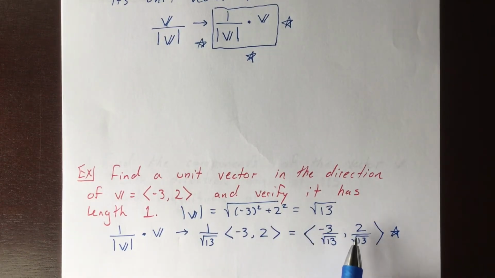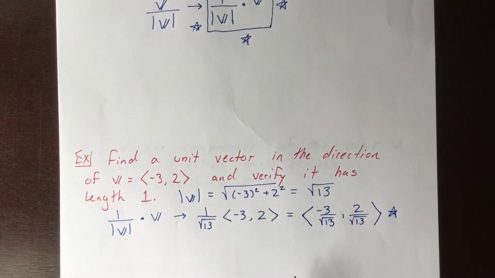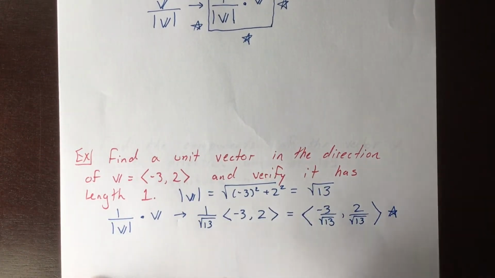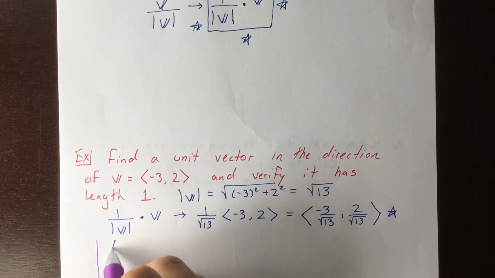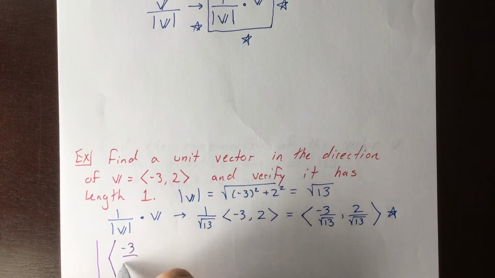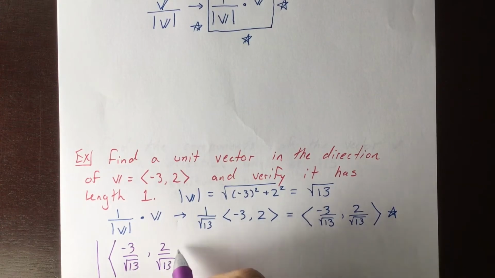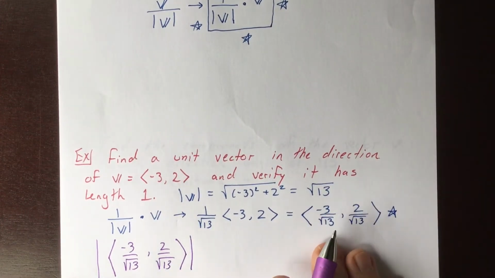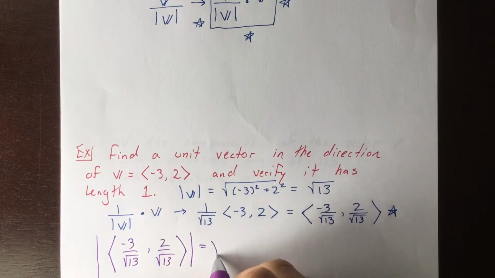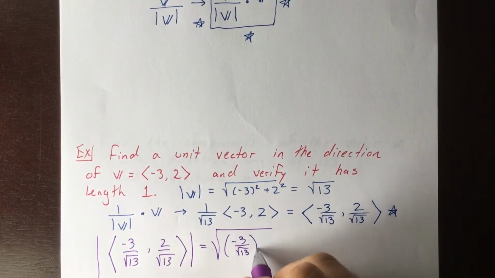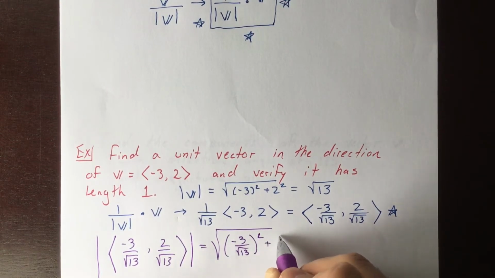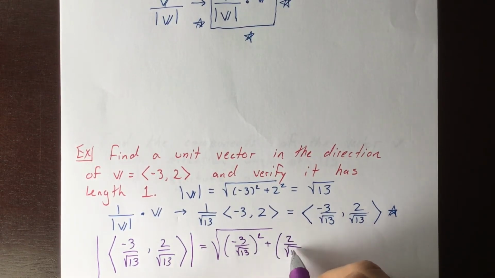We're going to take each of these components, square them, add them, and it should come down to just 1. Let's test it. So the magnitude of this: we take the square root and we square the first component, adding to it the square of the second component.